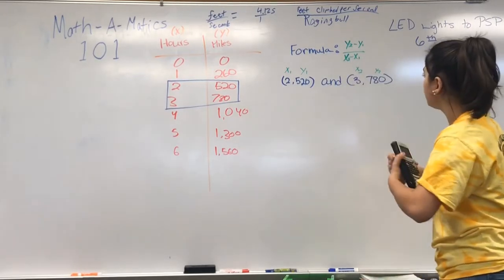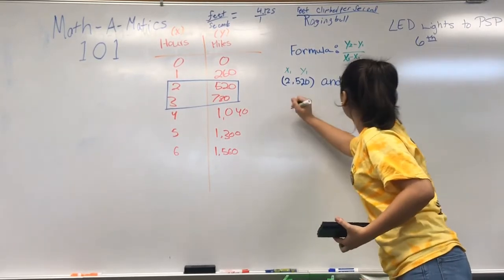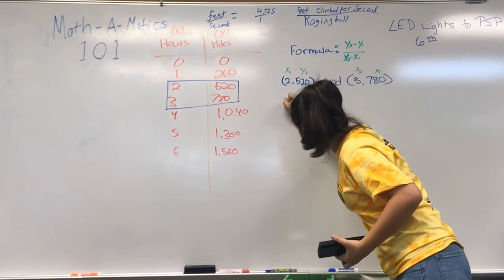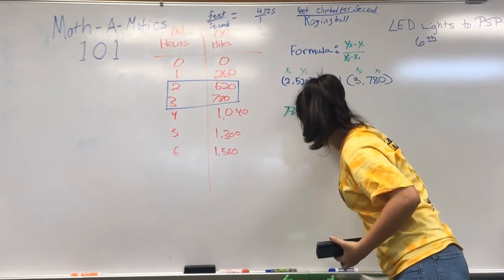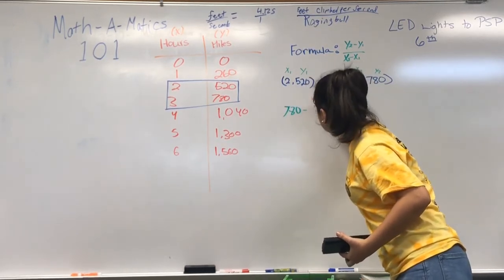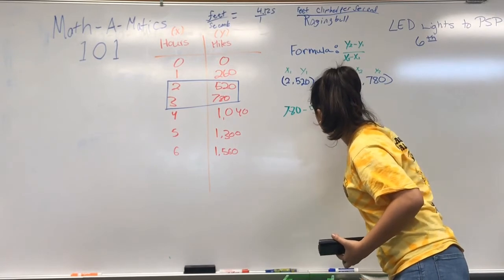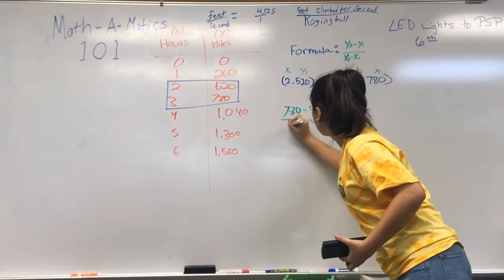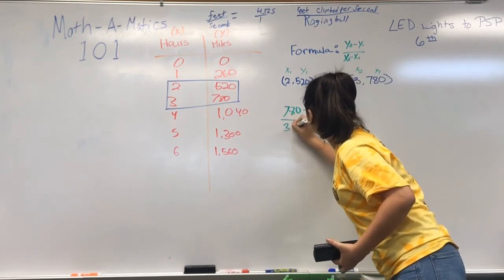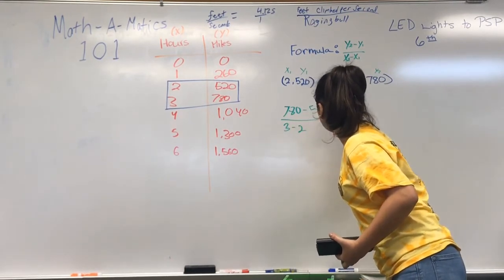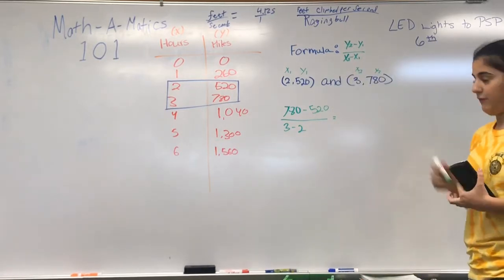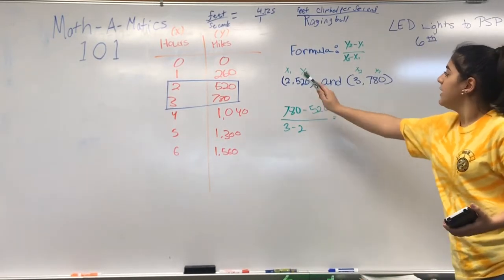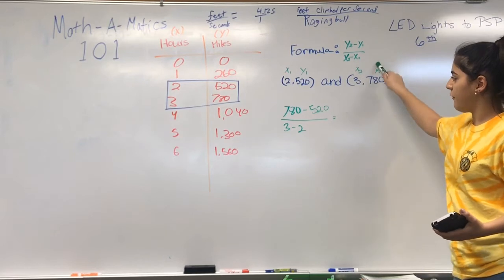So if we put 780 minus 520 over 3 minus 2. Now, if you can't tell, we put our numbers into our formula.